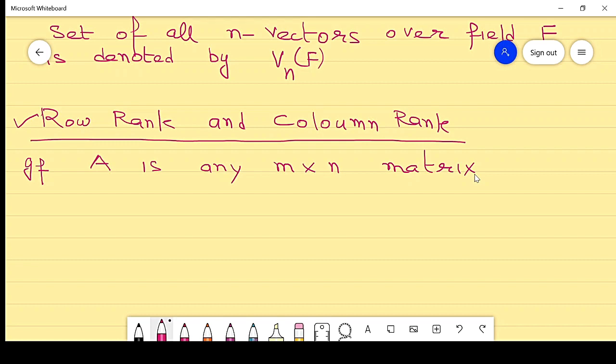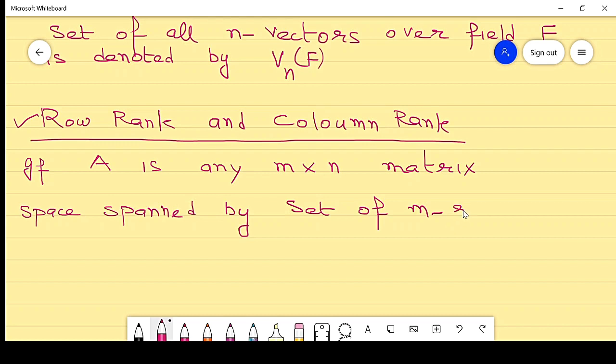If it is an m cross n matrix, then the space, meaning vector space, spanned by the set of m rows, because an m cross n matrix has m rows and n columns, is called the row space of matrix A. You will understand by question.